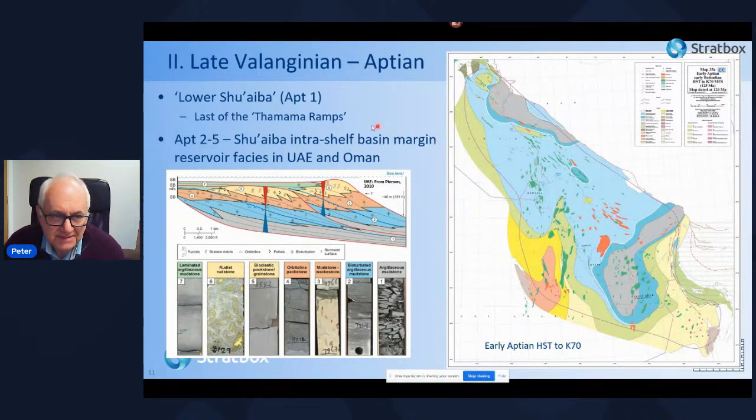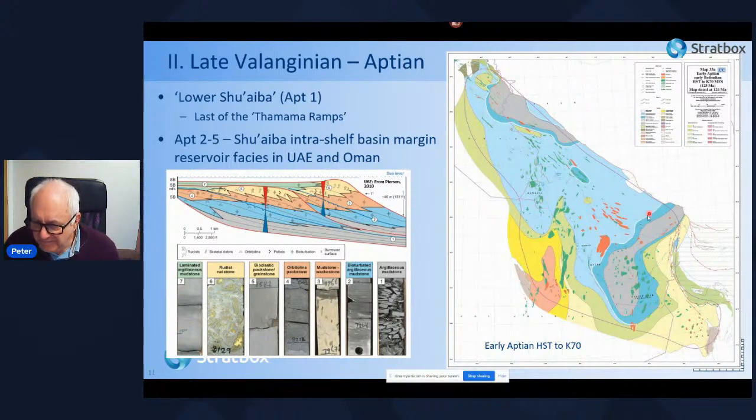The Shuaiba has been split into a lower Shuaiba, which is basically a regional ramp deposit, and the upper part of the Shuaiba has been split into several cycles, and these tend to form a more shelf-like margin surrounding the intra-shelf basin, that's the Bab basin.